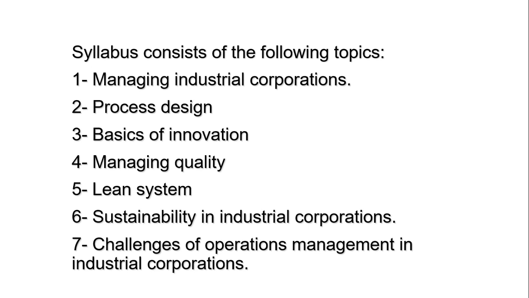We will know about different kinds of waste, what's meant by waste. Also, we learn how to apply a lean system, what's the meaning of lean, the history of lean, the difference between lean and just in time. All of these topics will be studied, inshallah.